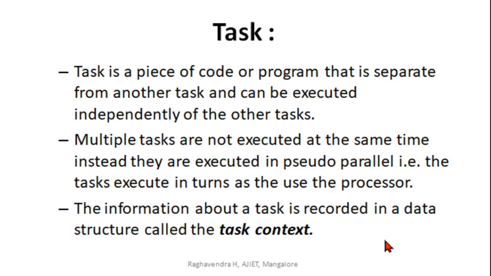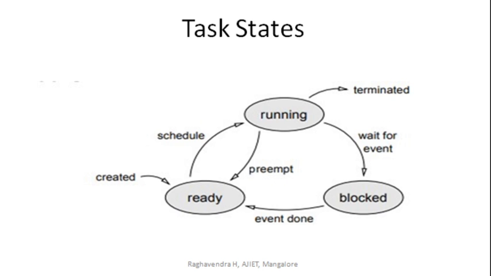Okay, next is task state. In an operating system there are always multiple tasks, and at a time only one task can be executed. This means there are other tasks waiting for their turns to be executed.